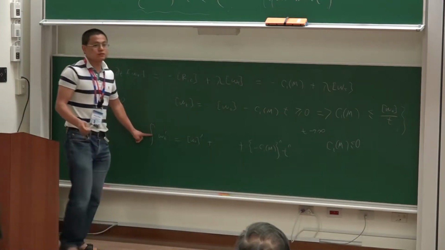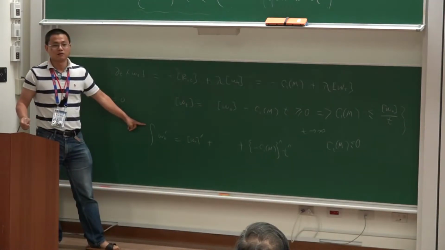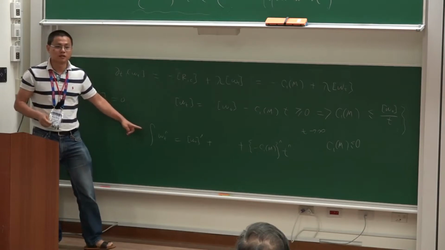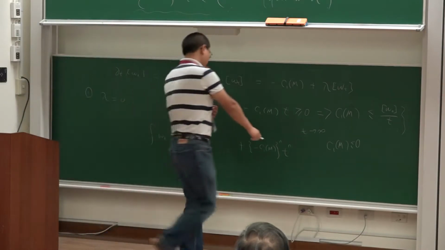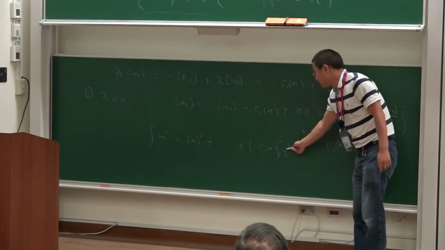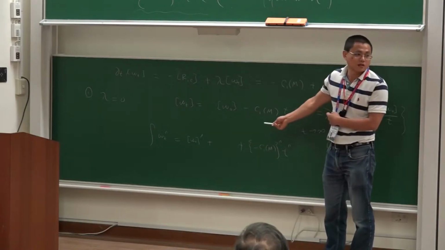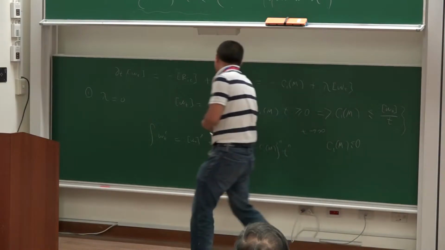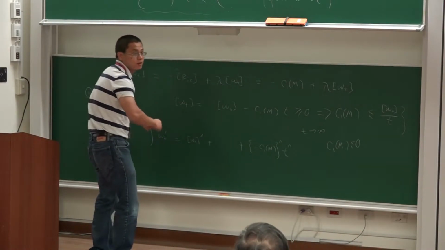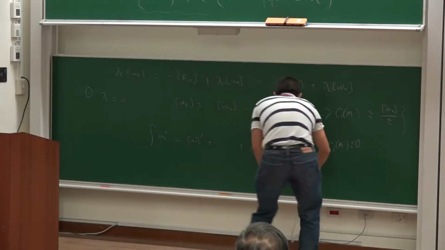But we know this is uniformly bounded. We assume this is a condition. So for each t, this is bounded. That means this is a polynomial which is a bounded number, so it must be a constant polynomial. So all the coefficients must be 0. So in particular, you will obtain that.